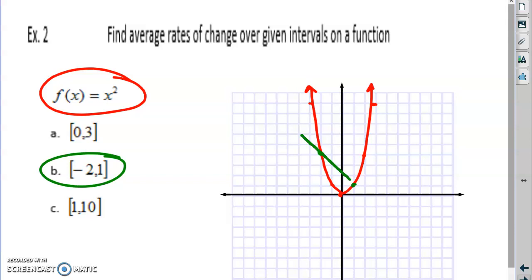I'd be finding that slope right there. What do I have? Change in y would be 1 minus 4, I'm sorry, 1 minus 4 is -3, over -2 minus 1. Change in y over change in x. -3 over -3. That's a -1 slope. Down 1 over 1, down 1 over 1. Perfect. (0, 3) would be the same thing through the vertex and through this point up here.